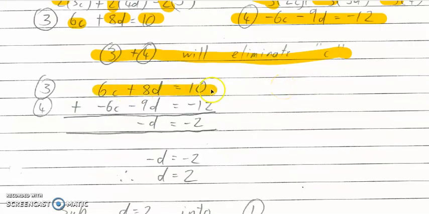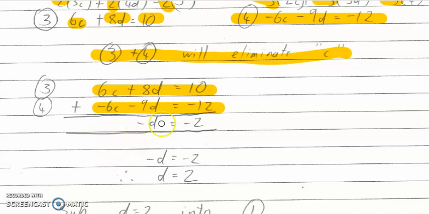So, like always, I wrote my equations, equation 3, equation 4, and I've added them together. 10 plus negative 12 is negative 2. Think of it like when you were doing long addition in primary school. Do it from right to left. 10 plus negative 12 is negative 2. 8d plus negative 9d, that's the same as subtracting 9, gives me negative d. 6c plus negative 6c eliminates c.